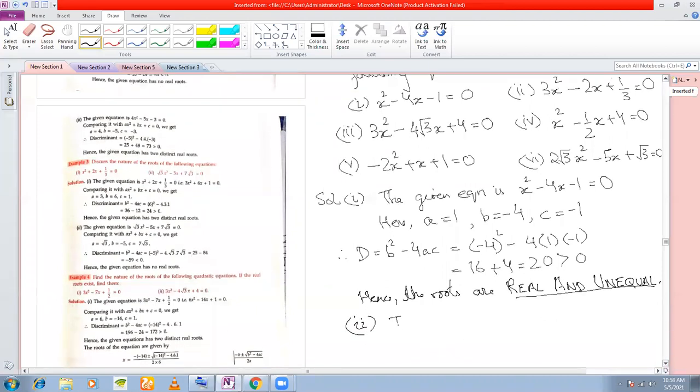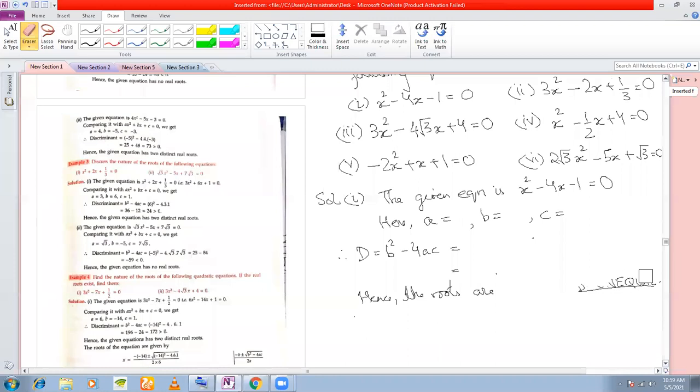The given equation is, let me write here only instead of writing all over again. Let us take up the second equation.